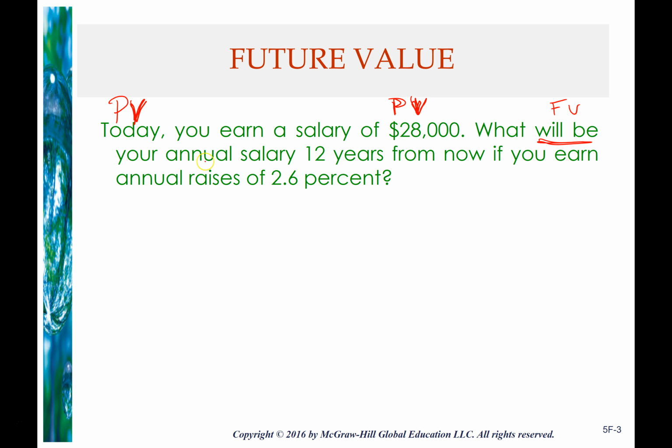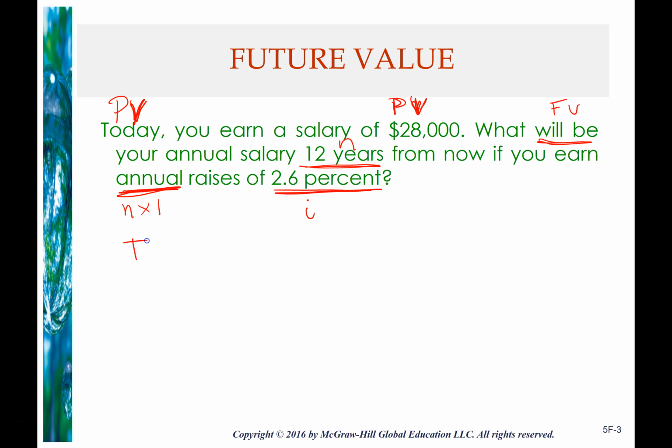What will be your annual salary 12 years from now? 12 years, that's your N. If you earn annual raises of 2.6%, your N is 12 times 1. So you receive 2.6% on a yearly basis.